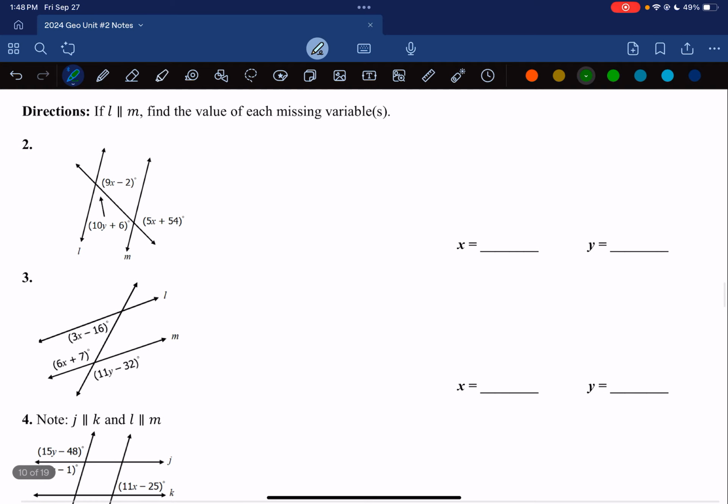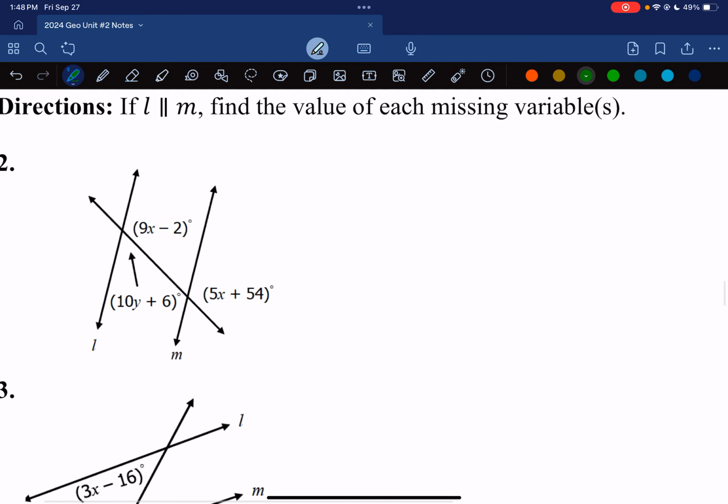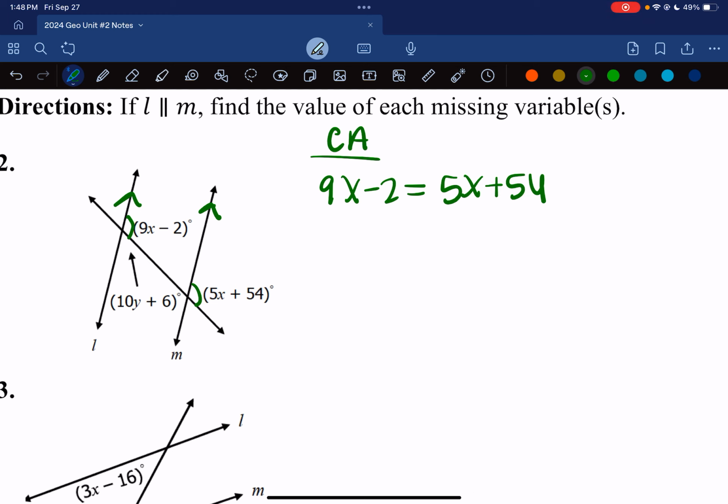Okay, number 2. If L and M are parallel, find the value of each missing variable. So in this top one, we have both of our expressions dealing with x, our corresponding angles, so they are equal to each other. So 9x minus 2 equals 5x plus 54.